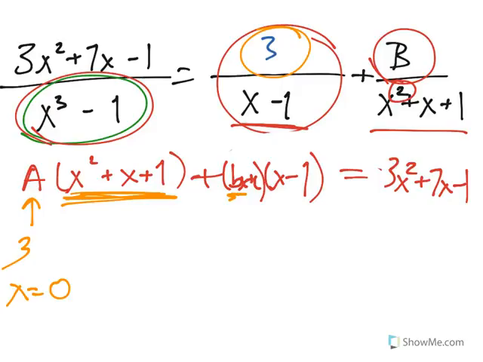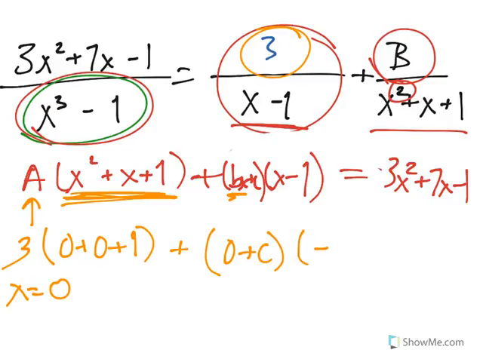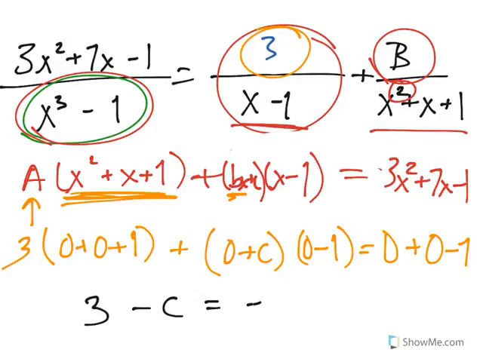we get 3 times 0 plus 0 plus 1, plus 0 plus c times negative 1, which is equal to 0 plus 0 minus 1. So here we have 3 minus c is equal to negative 1.